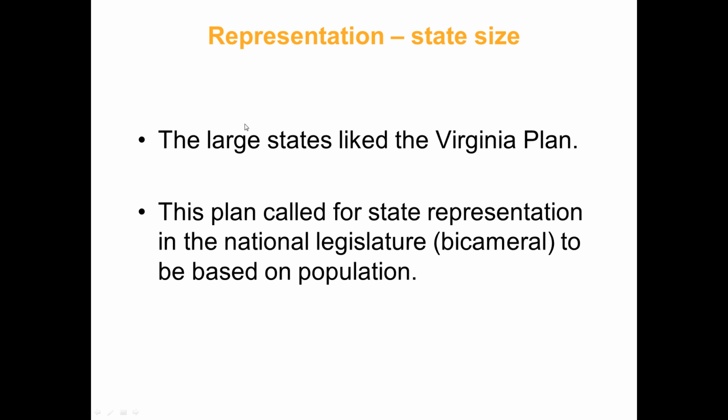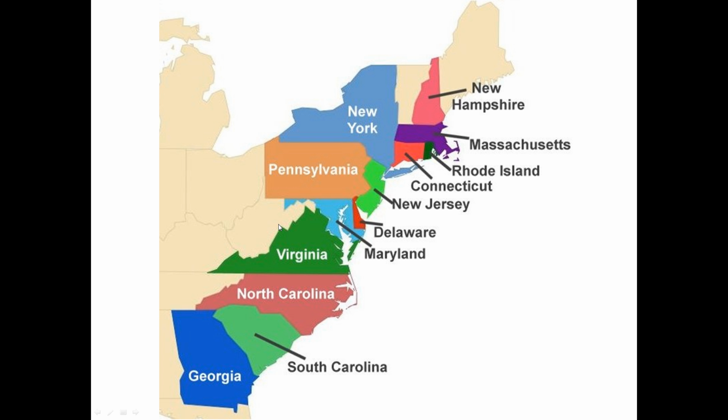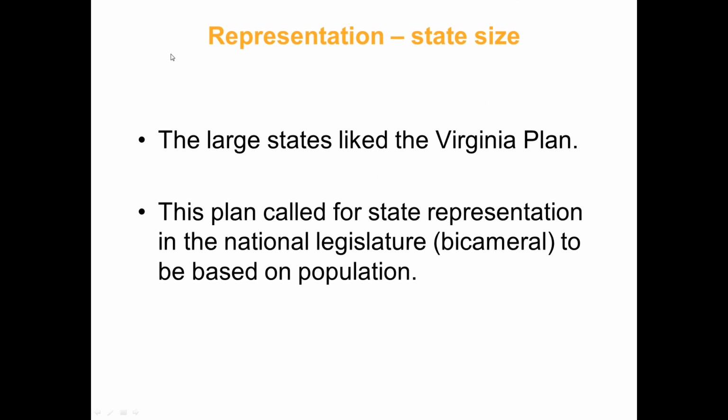So in terms of population, large states wanted the representation in the new national government to be a function of how many citizens you had in your state. So, for instance, Virginia, which we just said at this time is one of the more populous states of the 13, wanted the new national government to be centered around a bicameral legislature.